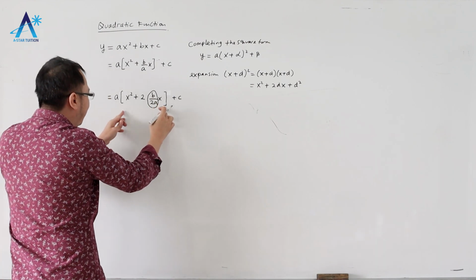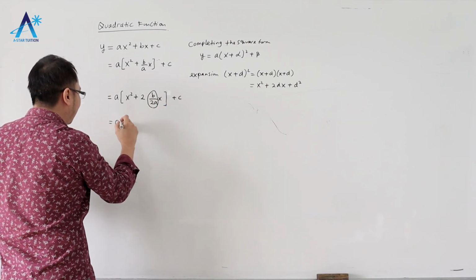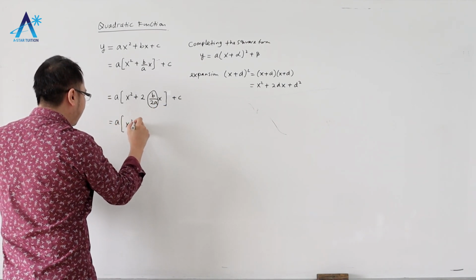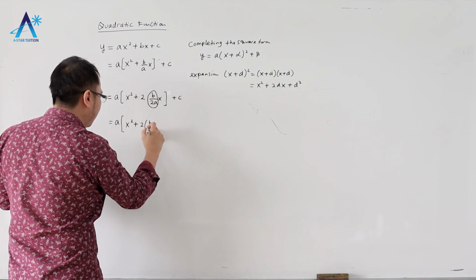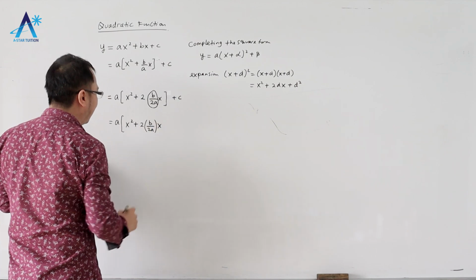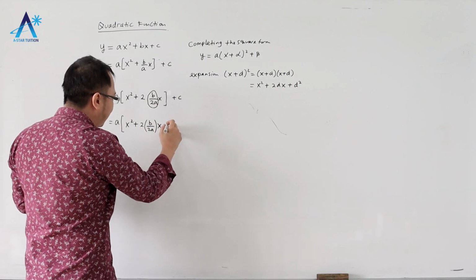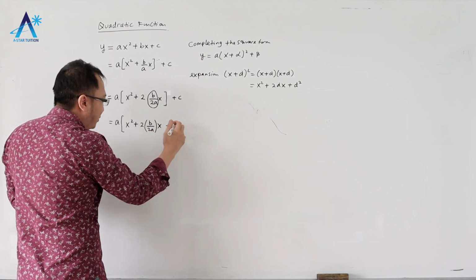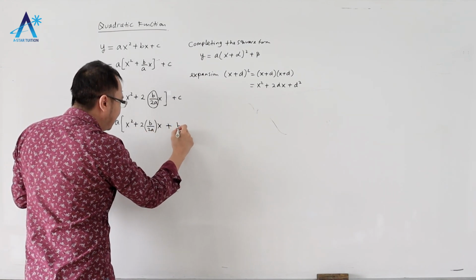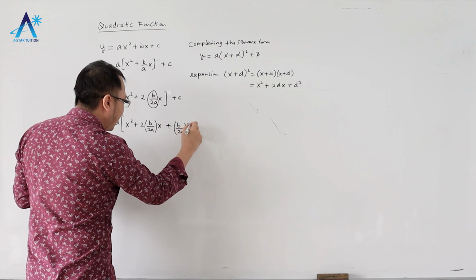We can modify this form again slightly so that we have the d squared. This is b over 2a x. Okay, the trick here is to just write it as positive d squared, b over 2a squared.